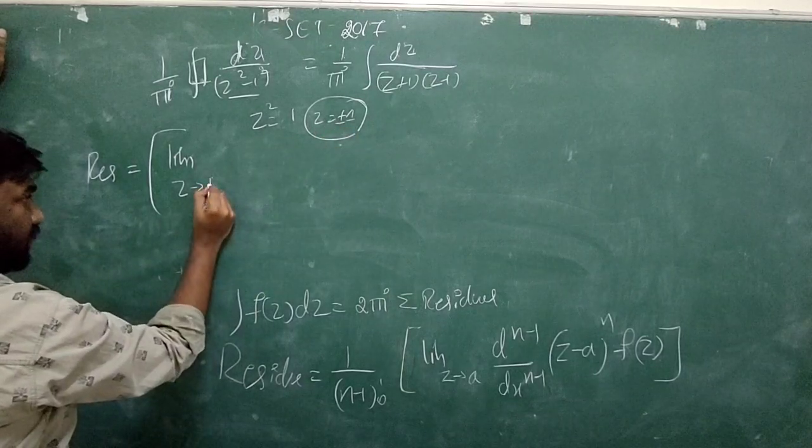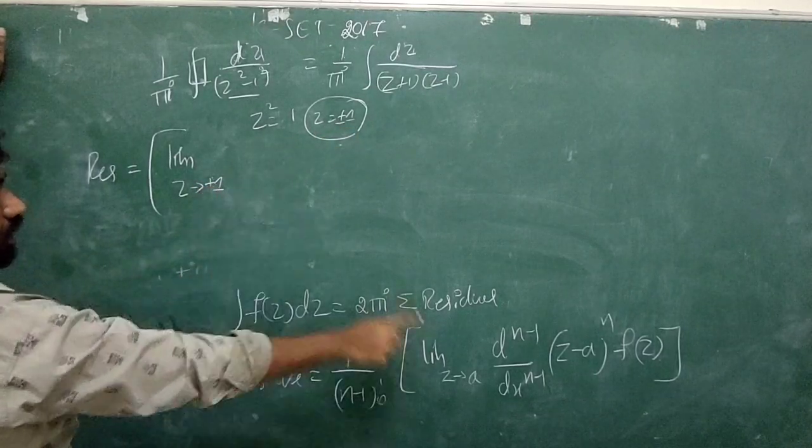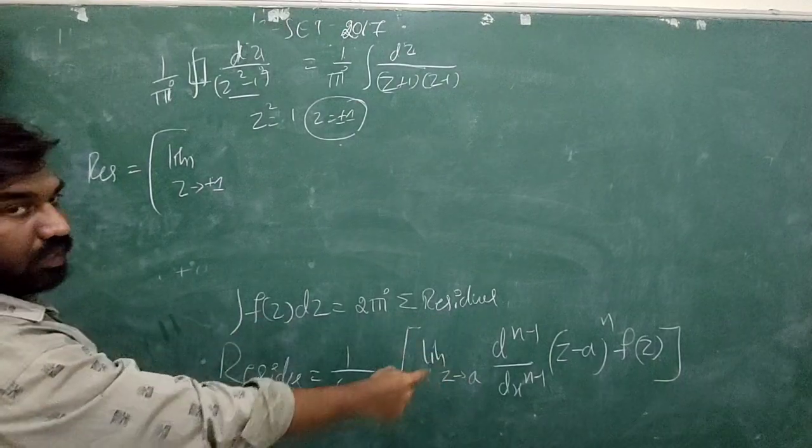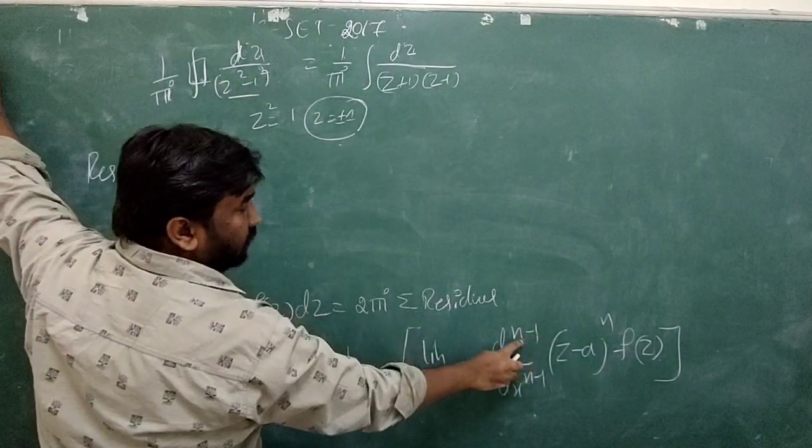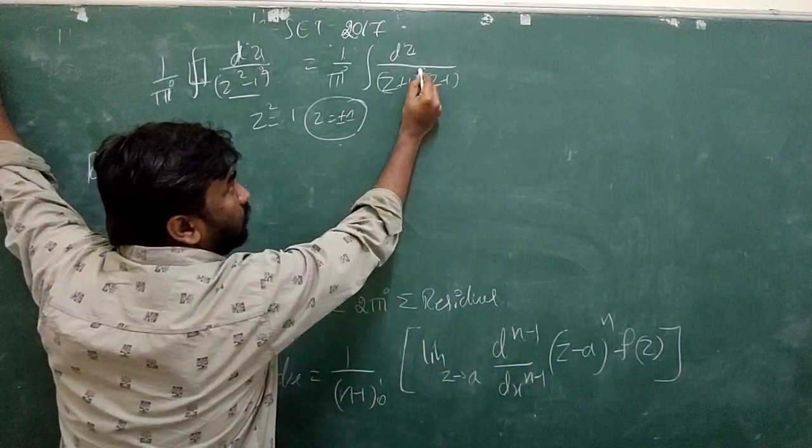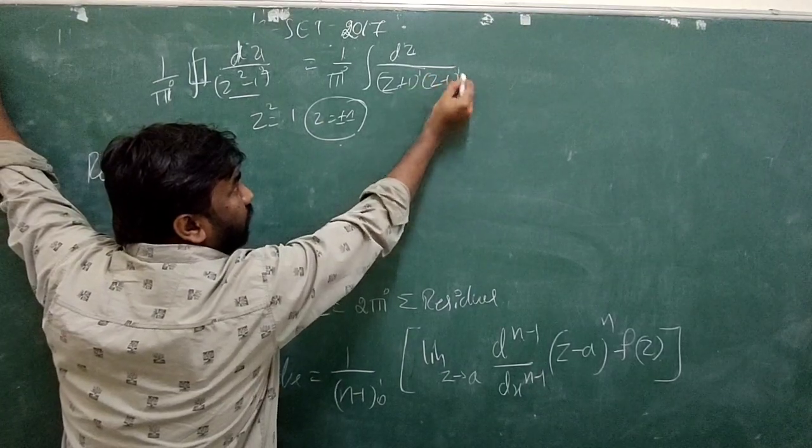For z equal to plus 1, d power 0, because n is equal to 1, since the power is 1 here.